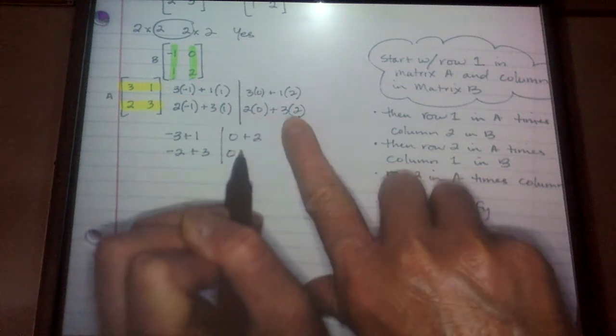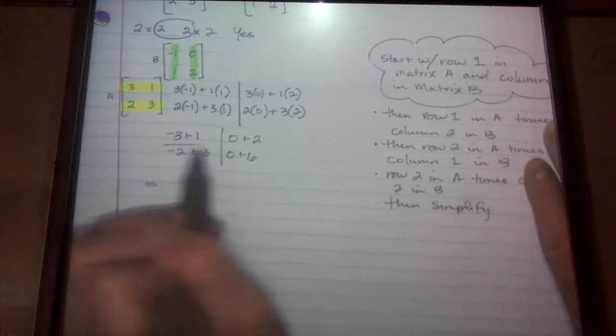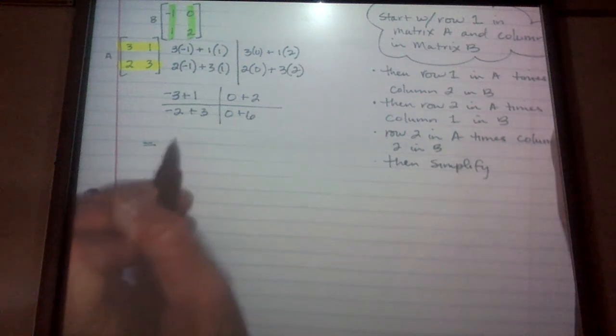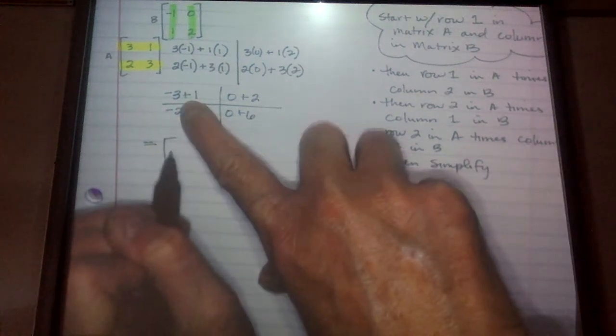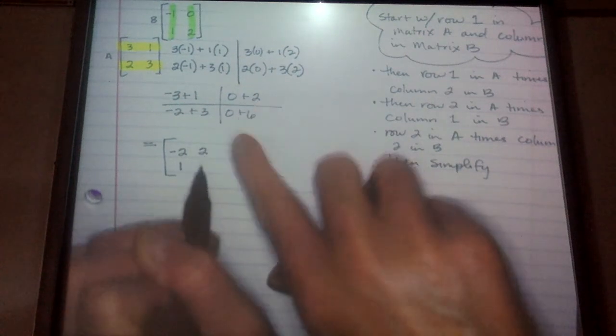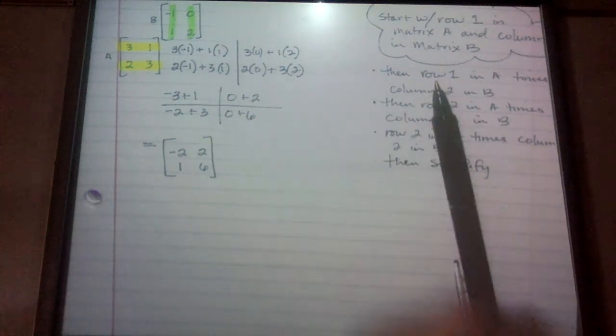Bottom one is 0 plus 6. So that would equal, now I'm going to simplify each element. So here we go. My final answer, I'm going to put it in matrix form, is negative 2, positive 1, 2, positive 6. And that is my answer.